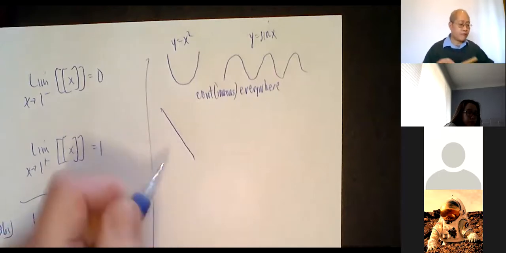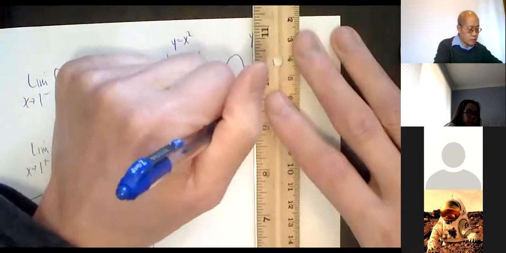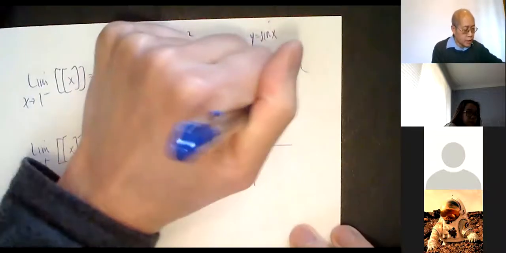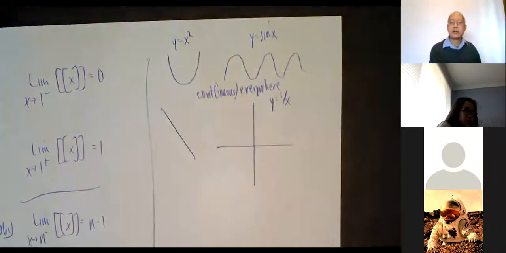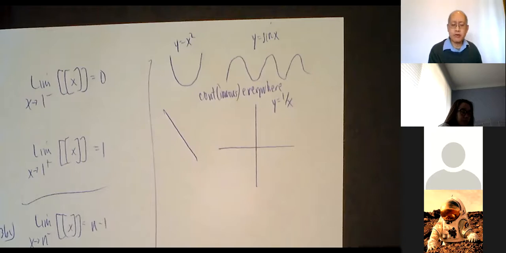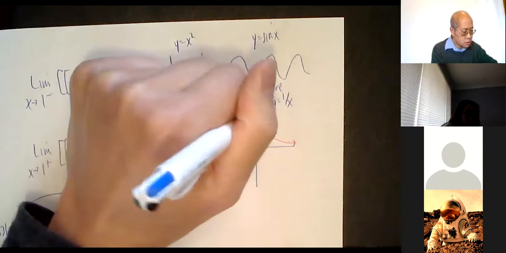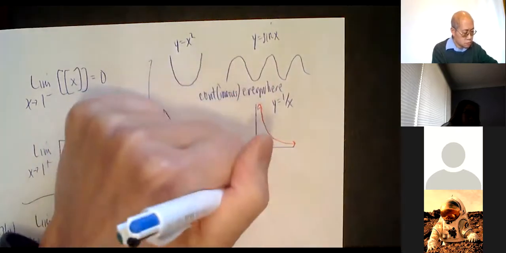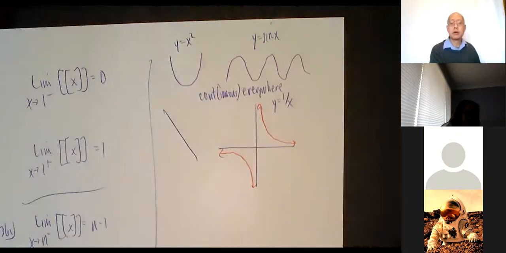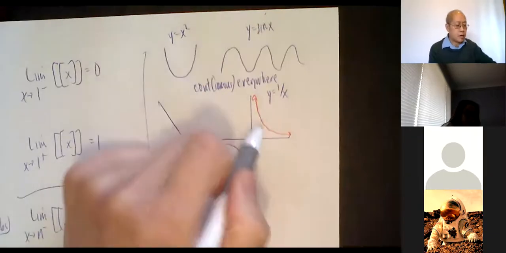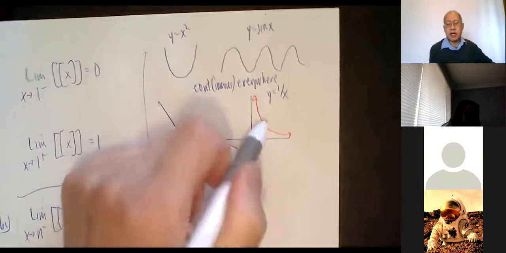So what's an example of a function which is not continuous everywhere? Well, how about y equals 1 over x? Do you recall the graph of y equals 1 over x? What does that look like? Okay, it looks sort of like this. And if you ever forget, you can plug in numbers.